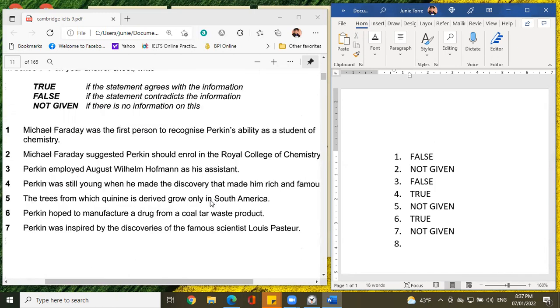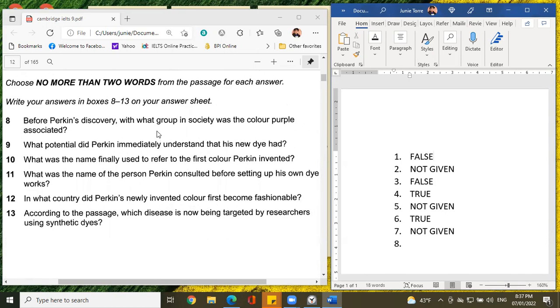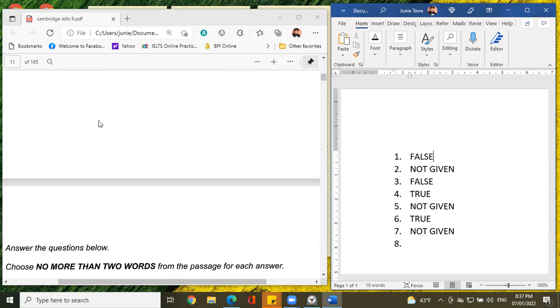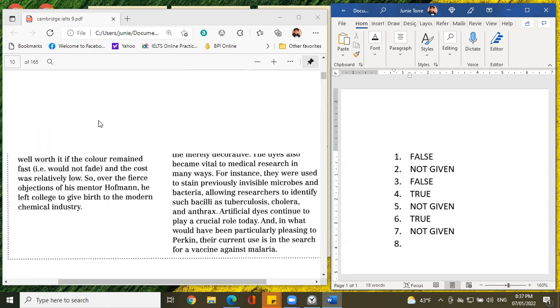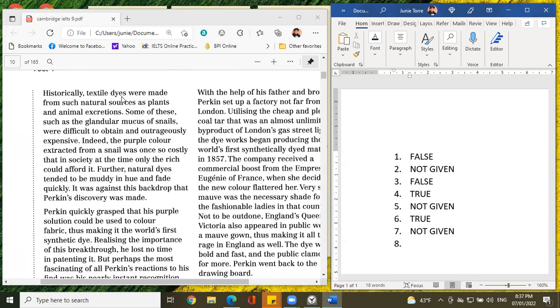Okay, and then let's go down. Before Perkins' discovery, with what group in society was the color purple associated? Okay, here it is. Historically, textile dyes were made from such natural sources as plants and animal excretion.